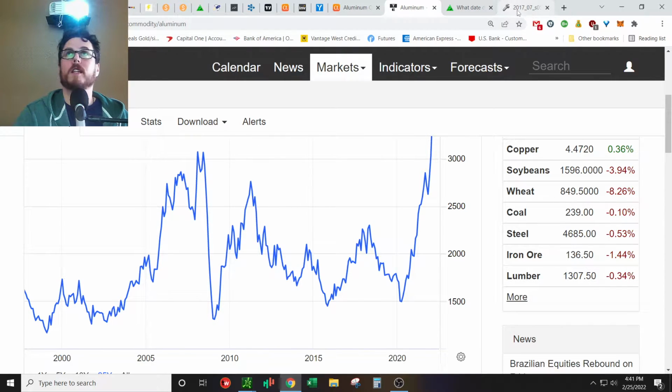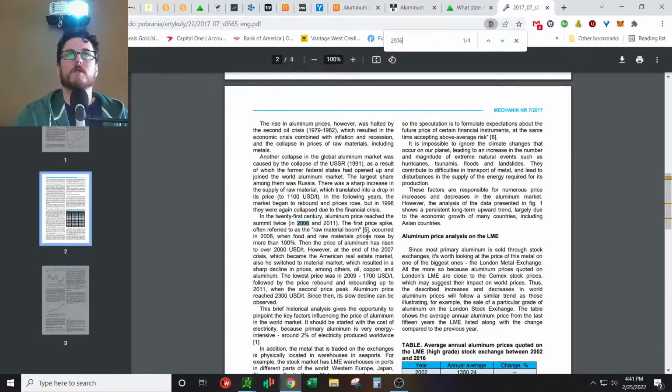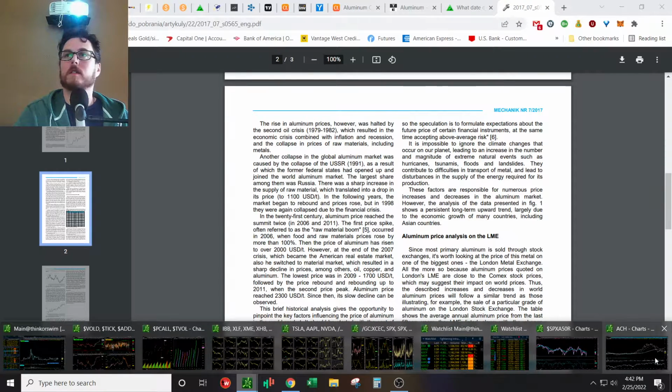Now, this boom was fueled by what was called the raw material boom, and it really happened because of construction and the expansion in the economy that was being fueled by that Fed bubble into all things housing.